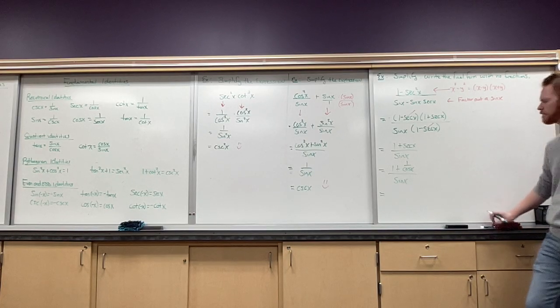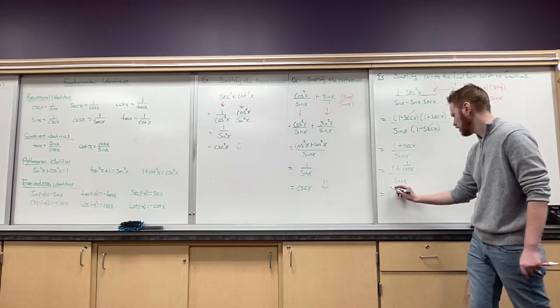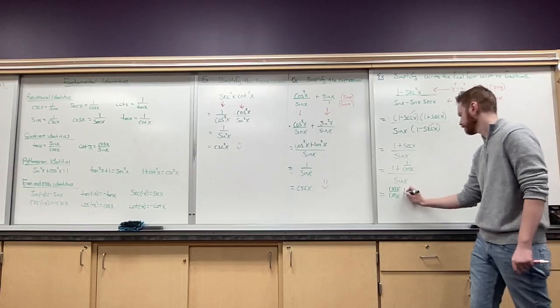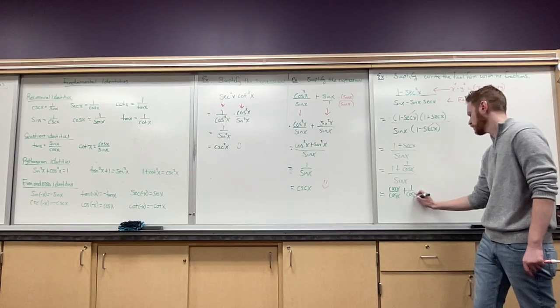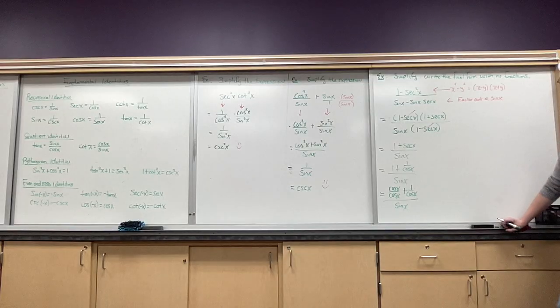Yeah, that wouldn't work. Okay, so let's combine the numerator then. We'll do it this way. More than one way to crack an egg. So cosine of x over cosine of x plus 1 over cosine of x over sine of x. Oh. But I don't think that's going to work. See, when I worked out this problem, I was like, yeah, this works.